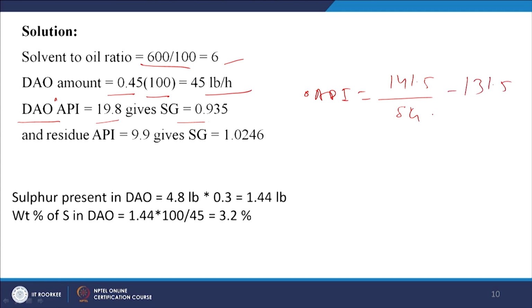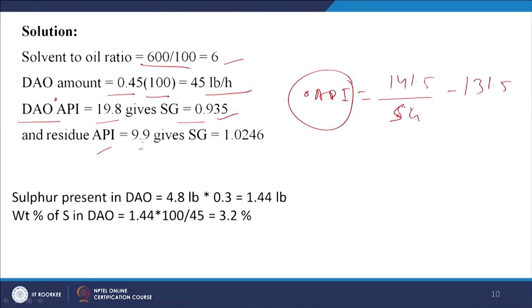Here API is available, equal to 19.8, so SG we can calculate by this expression, and that is 0.935. The residue API is 6.6 as already given, so we can get the SG also by using this formula. It comes to 1.0246. So, the specific gravity of feed and of product we are able to calculate.